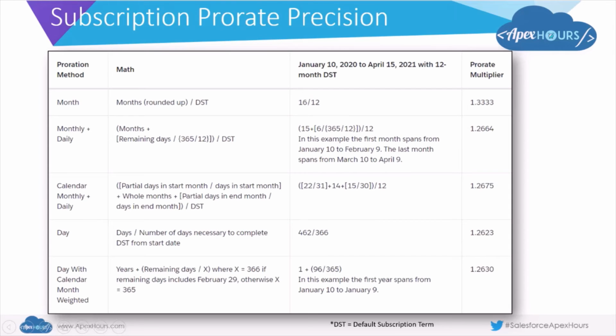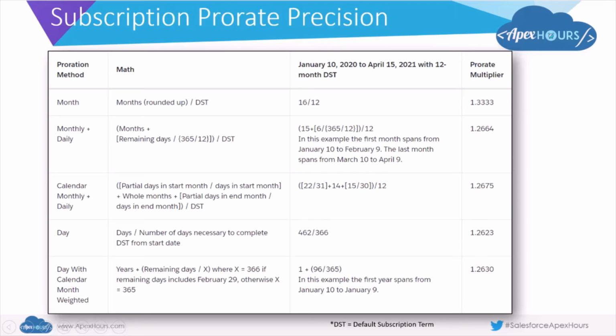The table that you see here goes through different examples of the subscription prorate precision for a specific subscription term which has been set. It has been picked up from a Trailhead module. It does a very good job of explaining the logic behind each of the different scenarios. So the best is to go through them one by one. So let me first explain what the setup is.